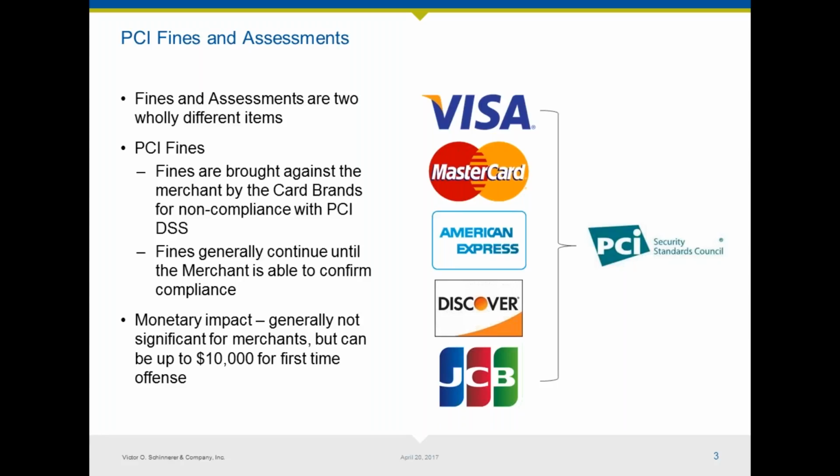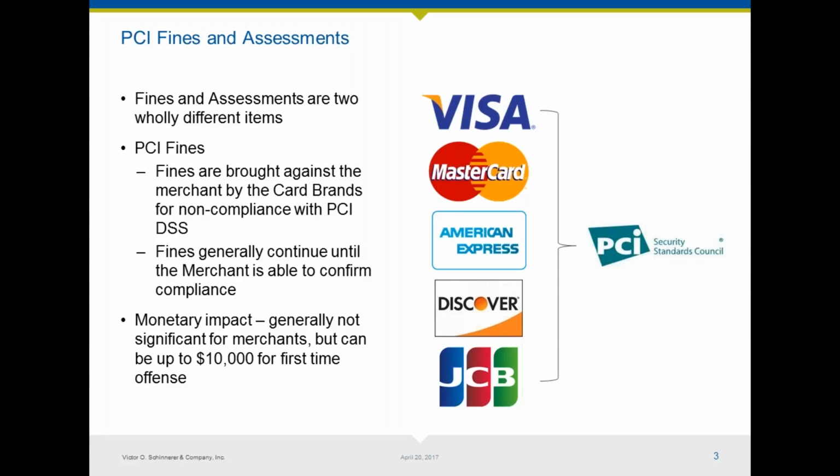For a small merchant, like a level 4 restaurant or a retail operation with fewer than 1 million transactions per year, the first-time offense for a non-compliance fine levied by Visa can be up to $10,000. Then there would be a subsequent fine for each month thereafter for their failure to obtain compliance.